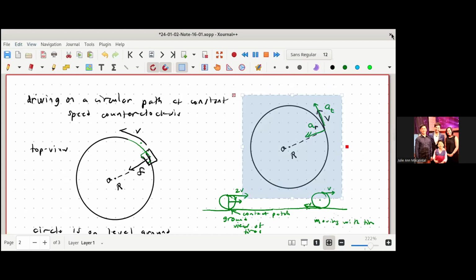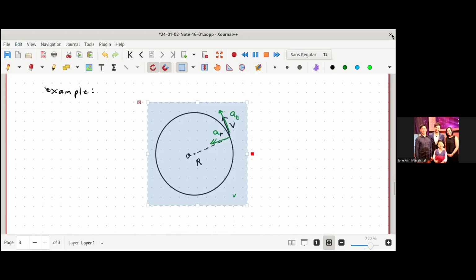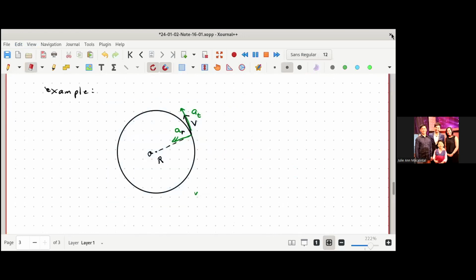So another example, yung turntable. So let's say ito yung turntable. Nakita mo na yung mga old na turntables, yung mga vinyl record players, di ba? Tapos let's say meron kang nilagay na object, may pinatong kang object sa surface ng turntable.